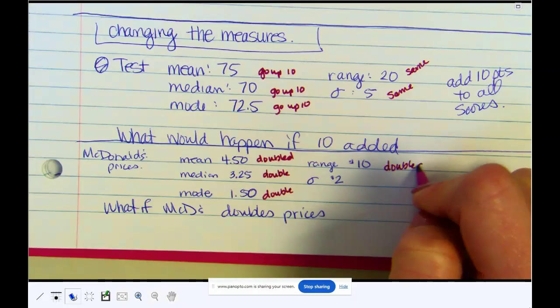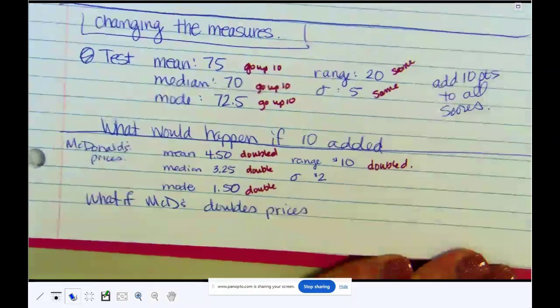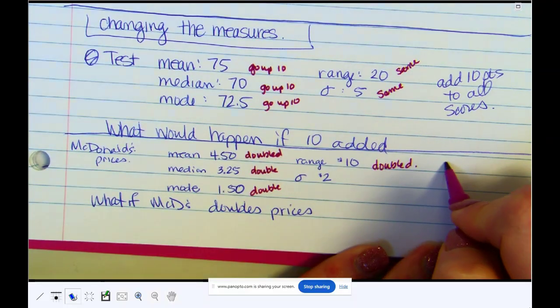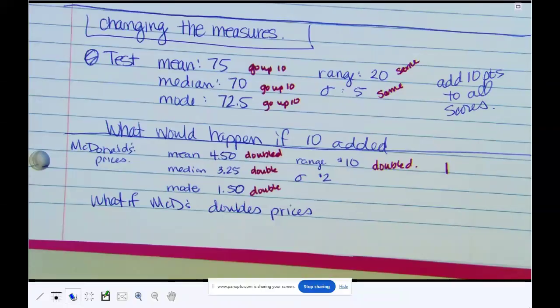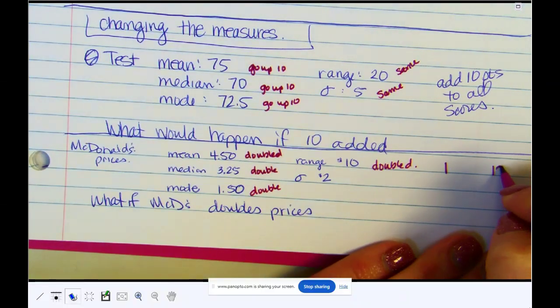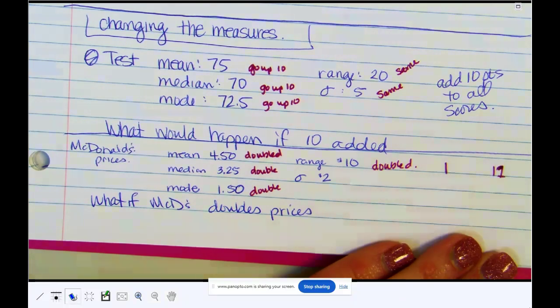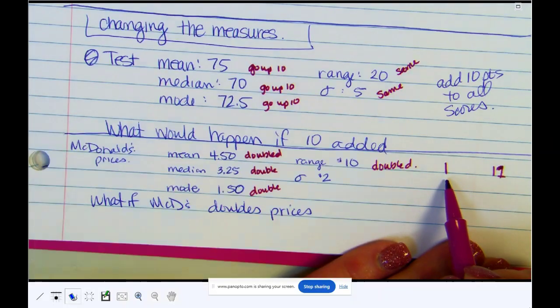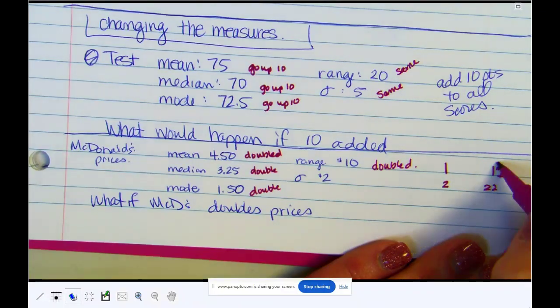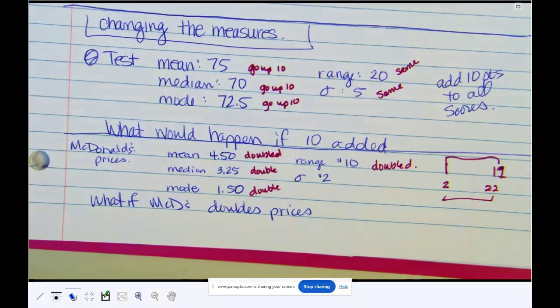Let me show you why. You don't have to write this down. Let's say their least expensive was $1 and their most expensive was 11. That gives us a range of 10. What happens if I double these? 1 becomes 2, and 11 turns into 22. This range is 10, and this range is 20.